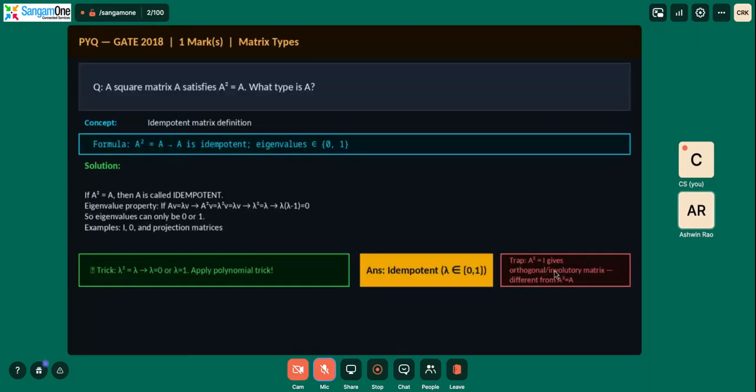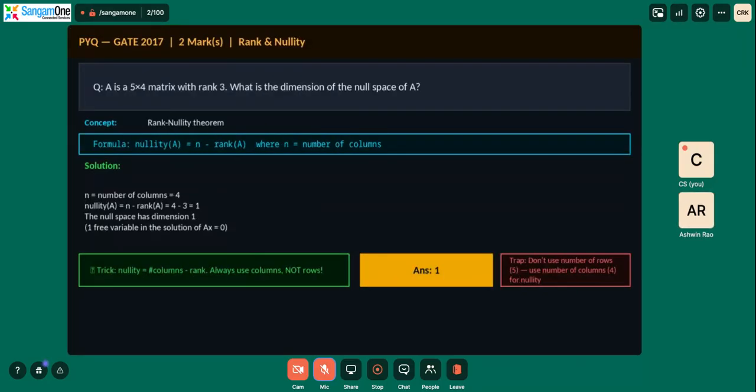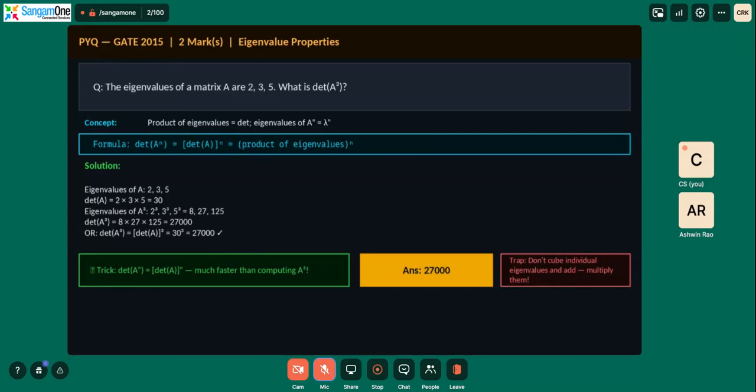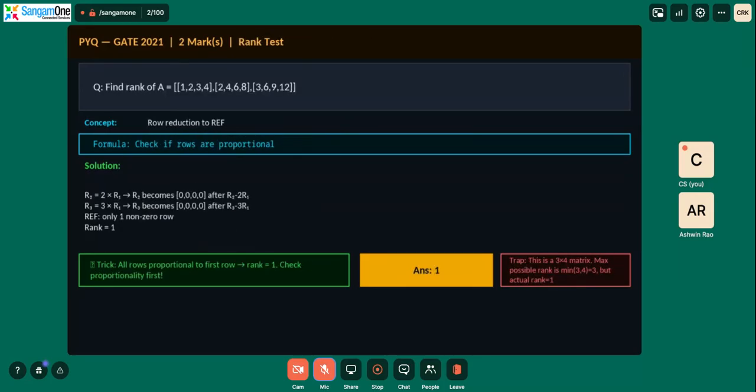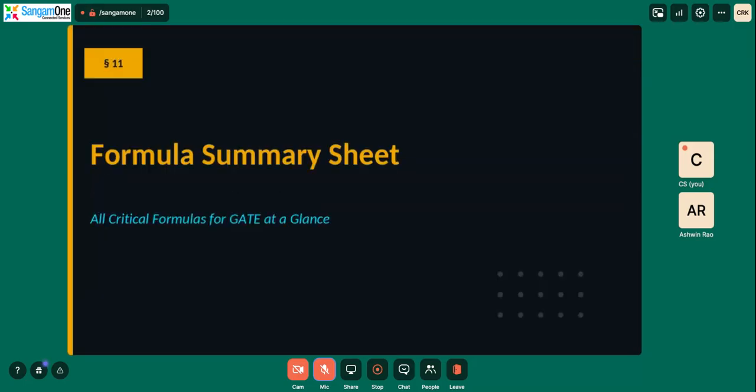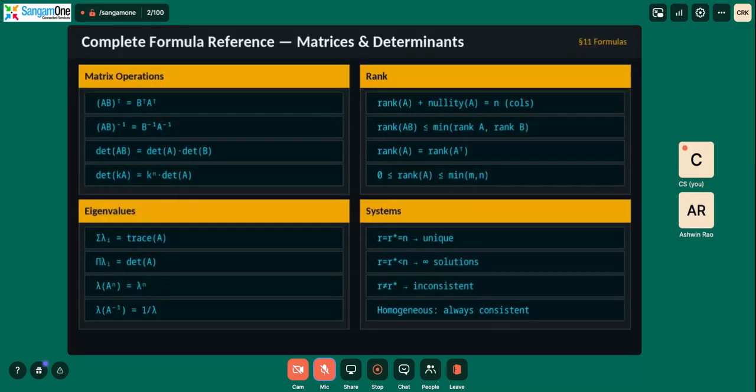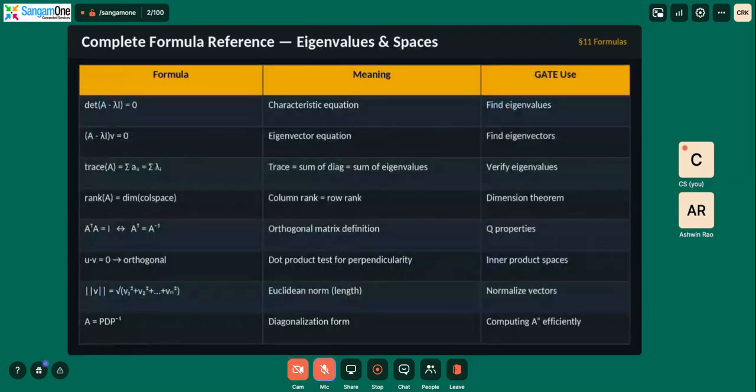These are the PYQs for practice. The formula summary sheet. Please note it down. Complete formula reference and all.